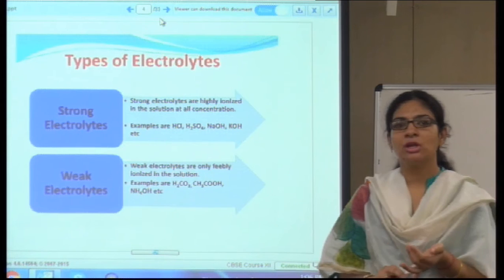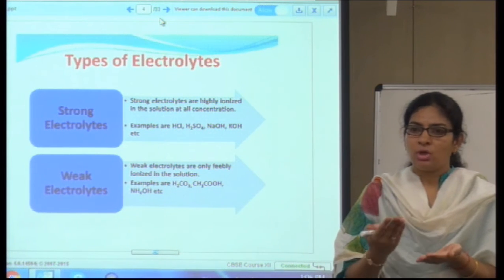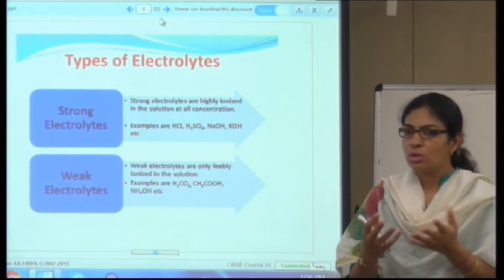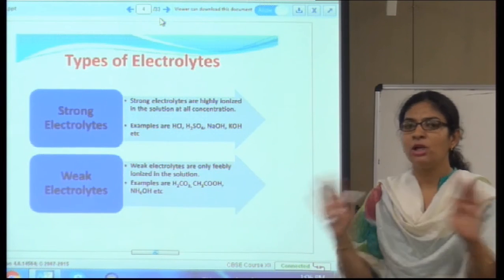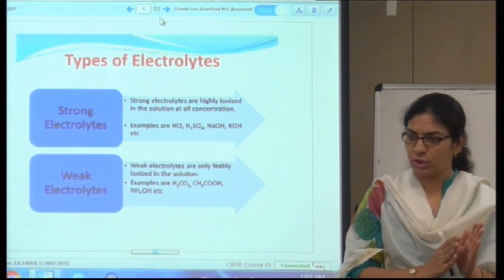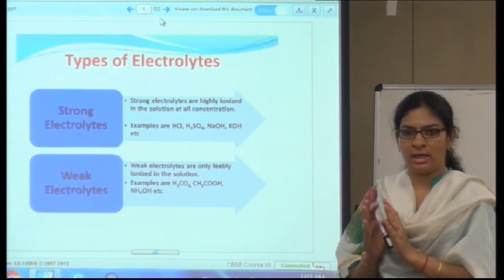At all concentrations means, suppose I take a 1 molar solution of KCl, then it is fully dissociated. You have 1 mole of potassium ions and 1 mole of chloride ions.